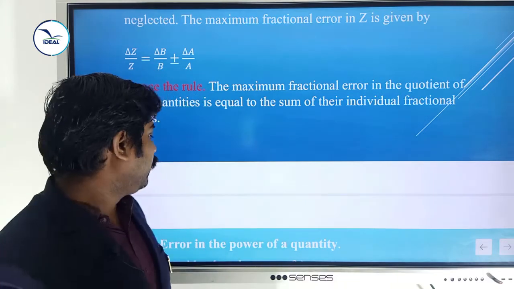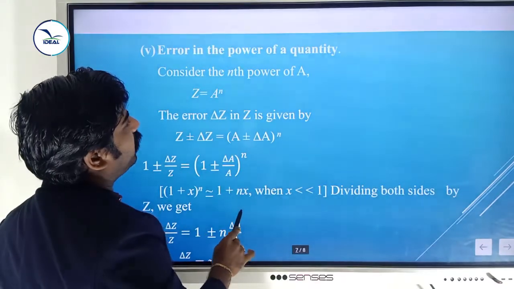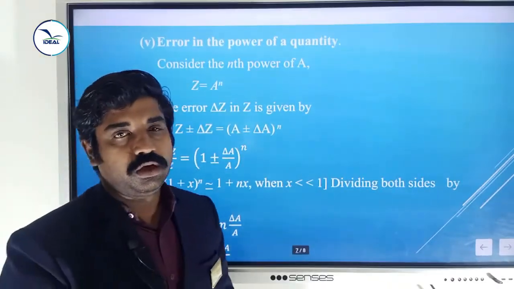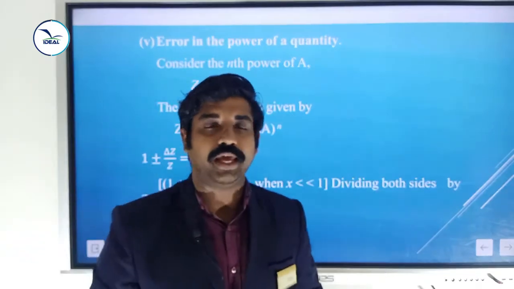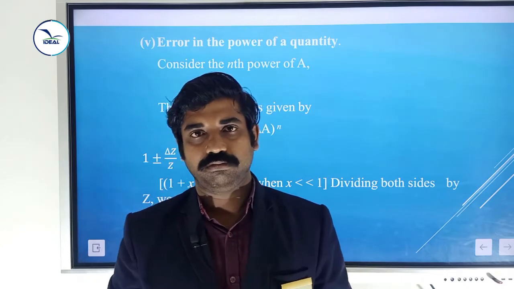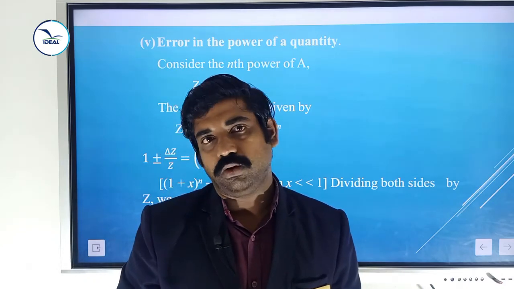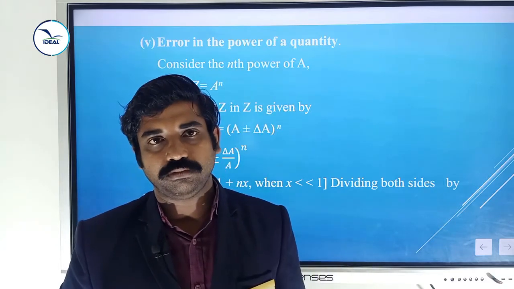Then the next one, error in the power of a quantity. If we have an equation of the form z equal to a raised to n, simply we can consider z equal to a square. What is that actually? Z is equal to a into a.